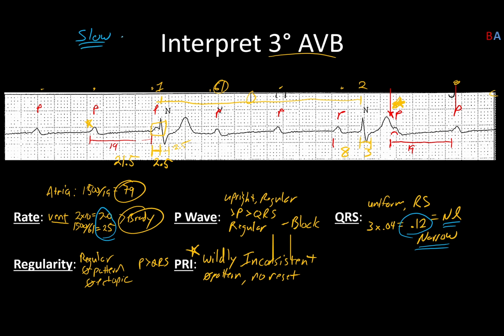And so for ACLS, that's what you're going to go by, the bradycardia algorithm there. In terms of actually deciding what the escape rhythm is, though, we can take the few things that we know. That is, the rate is, let's write this down here, slow. We have a narrow QRS. I will also make mention that the T waves have the same direction as the QRS, or the same direction as the R wave, so they're not inverted.